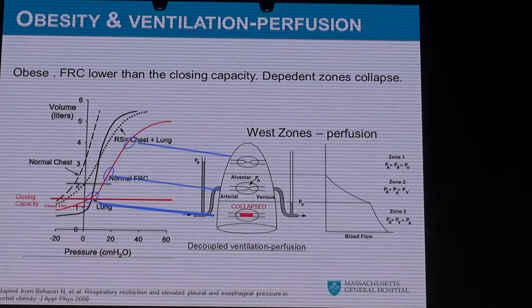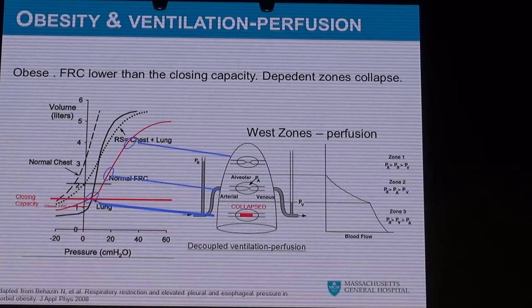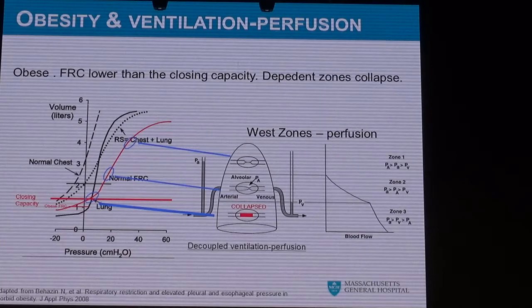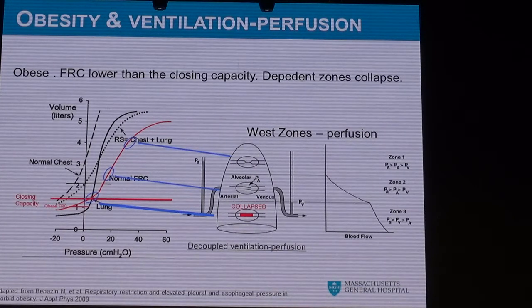What we said before is that what is changed is the ventilation, and therefore the closing capacity in the lower part, zone 3 of the West zones, where perfusion remains very high. But at that level, if PEEP is not titrated, we are lower than the closing capacity of the lungs. Therefore, there is going to be a huge shunt of blood.